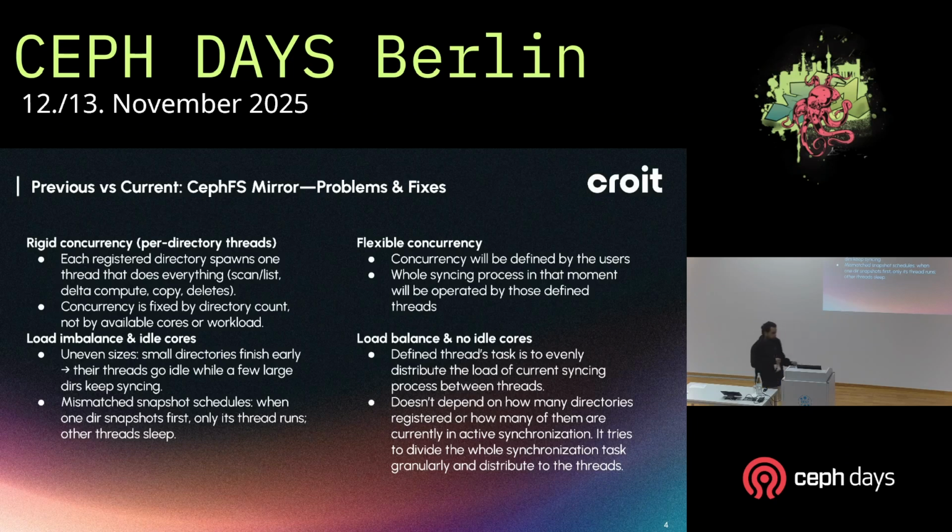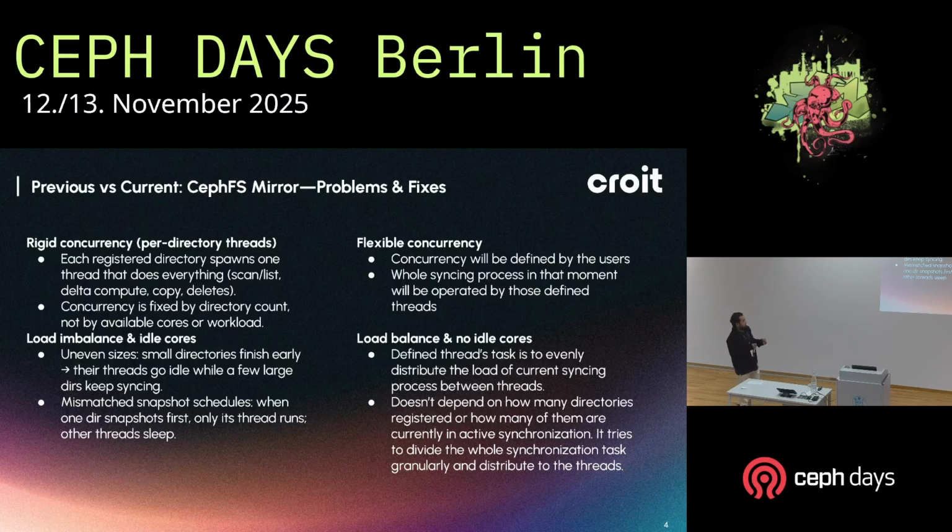Some improvements between the previous and current Cephfs-mirror. We try to write a comparison of problems and fixes. It's a bit rigid. It has concurrency, but rigid concurrency. For example, you register directories. You can register multiple directories, and each thread is responsible for synchronizing one directory.